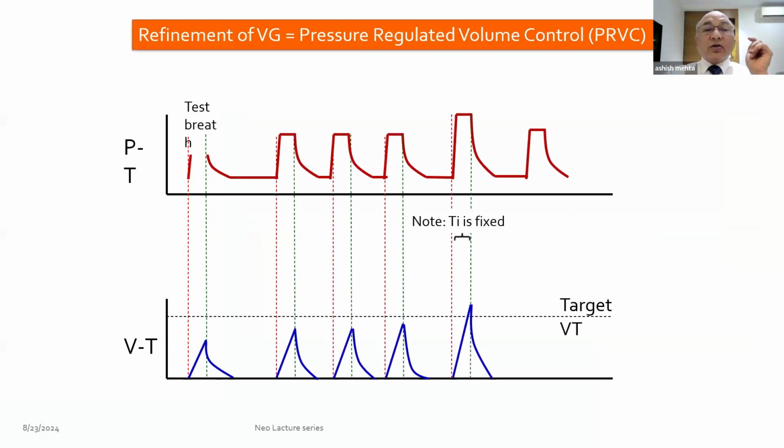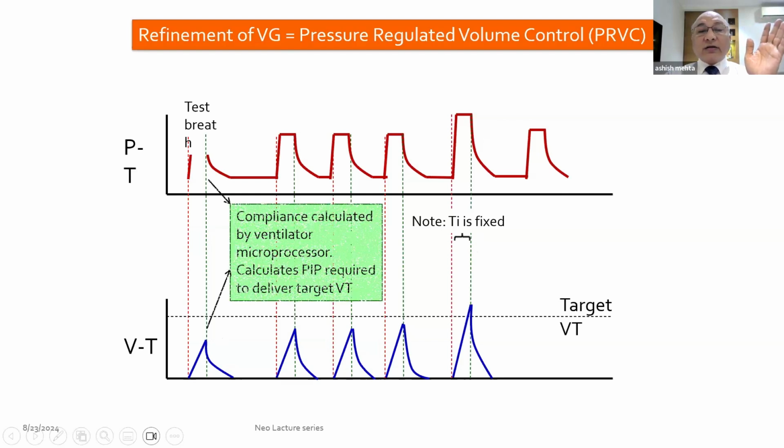You can see here the first breath is a test breath, and that is your volume breath. With this, the machine will measure compliance, resistance, and all kinds of things. Based on that, it will deliver the subsequent breath to achieve the tidal volume that you targeted.